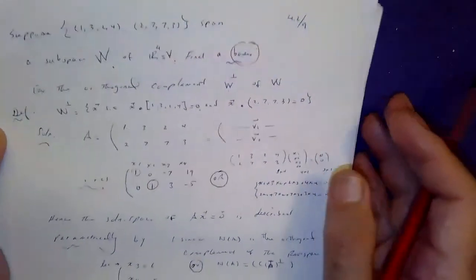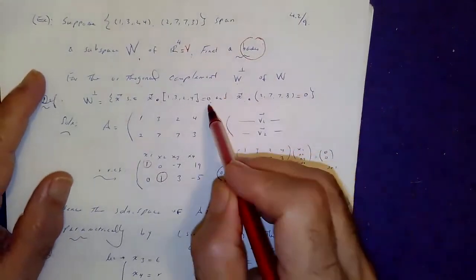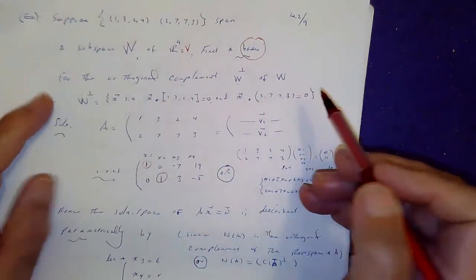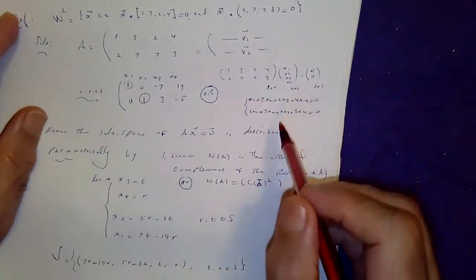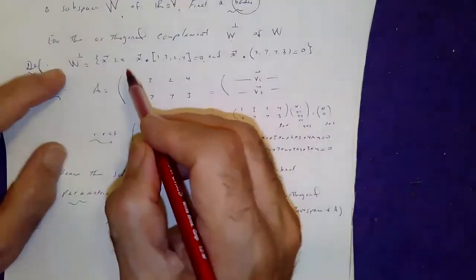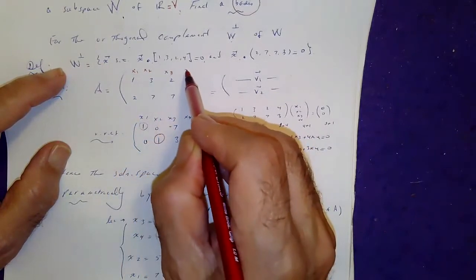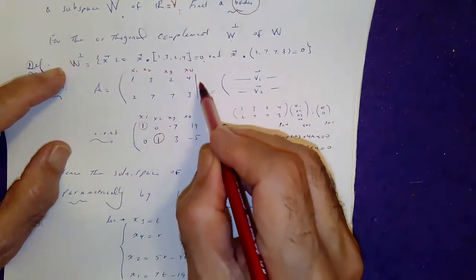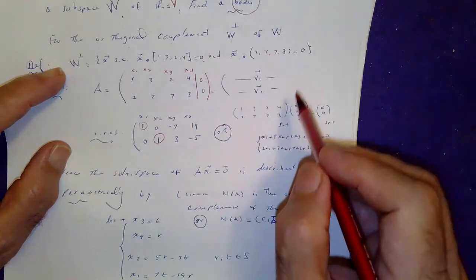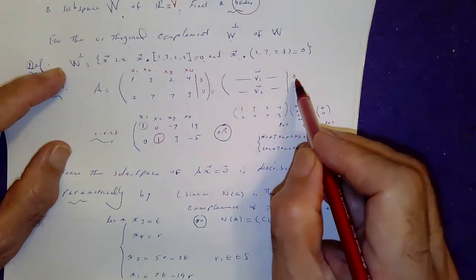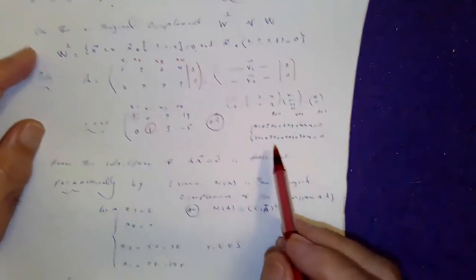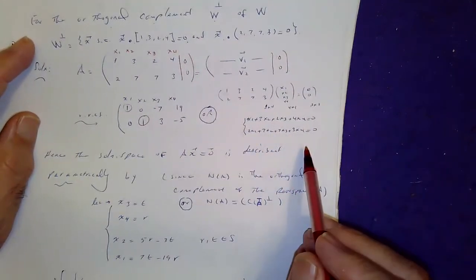So what you do is, because these are equal to 0, you write it in the standard form and call these guys the coefficients of x1, x2, x3, x4, augmented with 0, 0. So you're going to end up with a homogeneous system of equations.